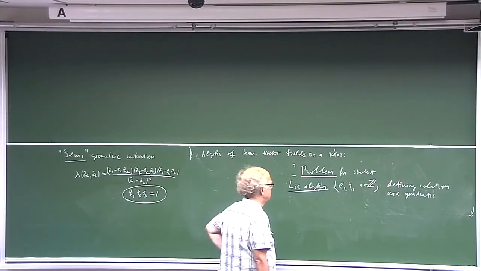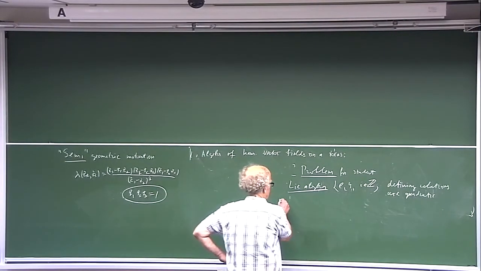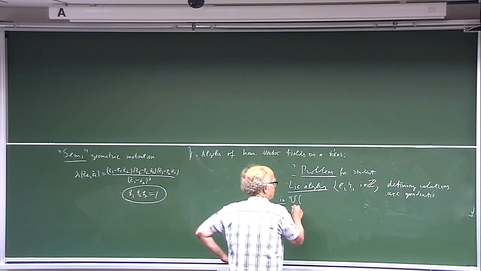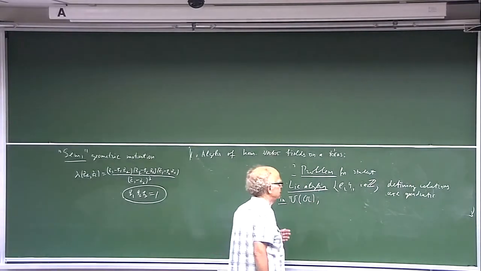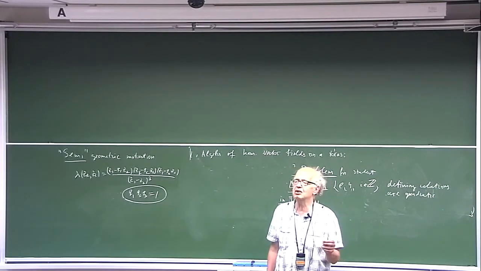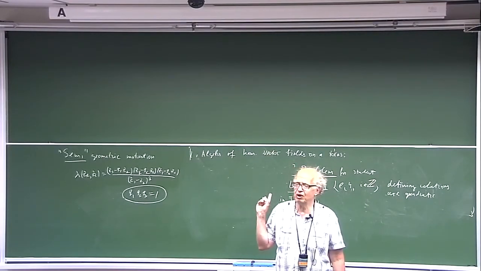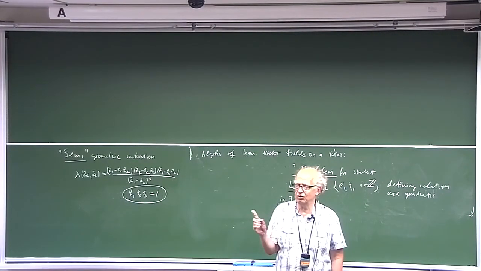Anyway, we have two facts. In the universal enveloping algebra of this Lie algebra, a basis is given by the same monomials which I described when I talked about the shuffle algebra for generic q1, q2, q3.